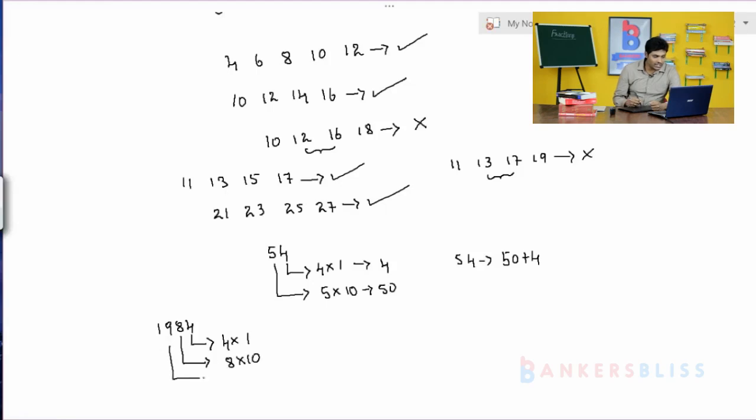Next, 9 is in the 100th place, so it is represented as 9 into 100, and 1 is in the 1000th place, so it is represented as 1 into 1000. These representations are based on their positions. Whenever we need to calculate values, we may use these. With the help of their positions, we can calculate the answer.